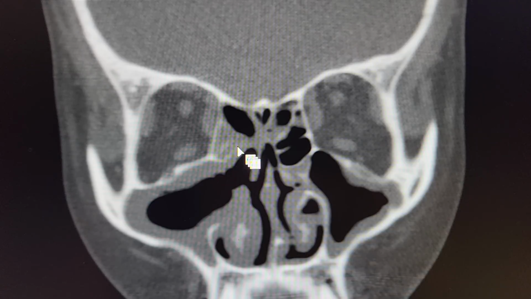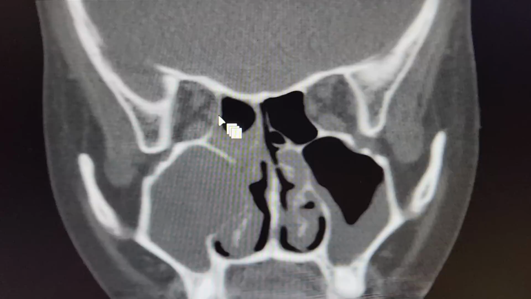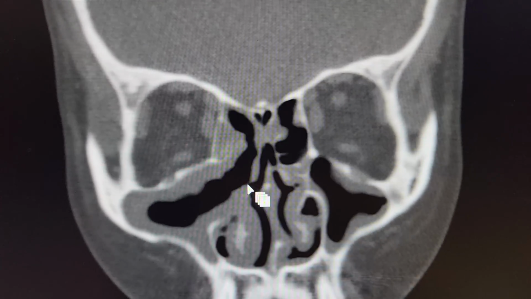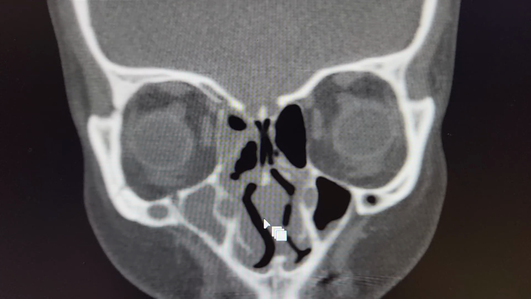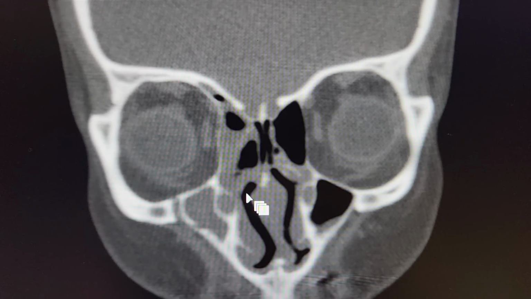So bigger the agger nasi cell, smaller the frontal recess opening. We need to know the precise location of the agger nasi cell so that we can approach the frontal sinus very easily, without any damage or any residual left over of the anterior ethmoids.